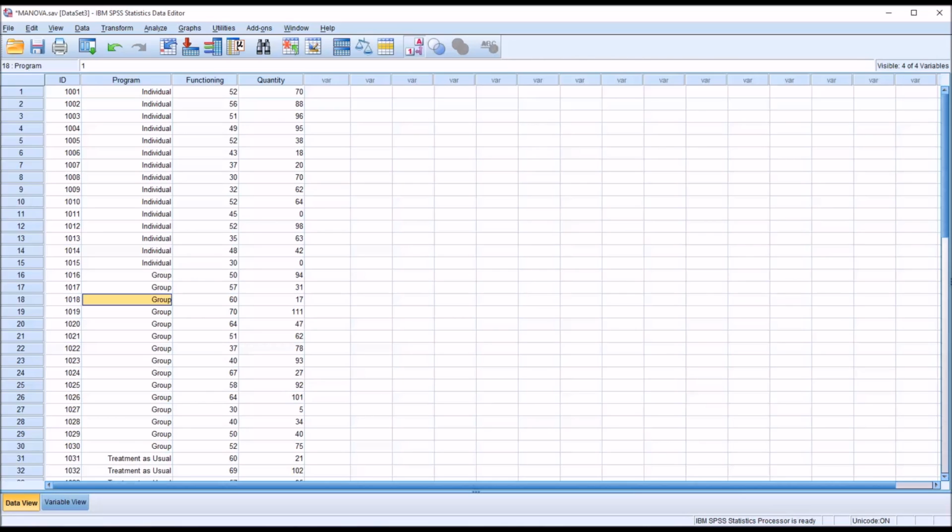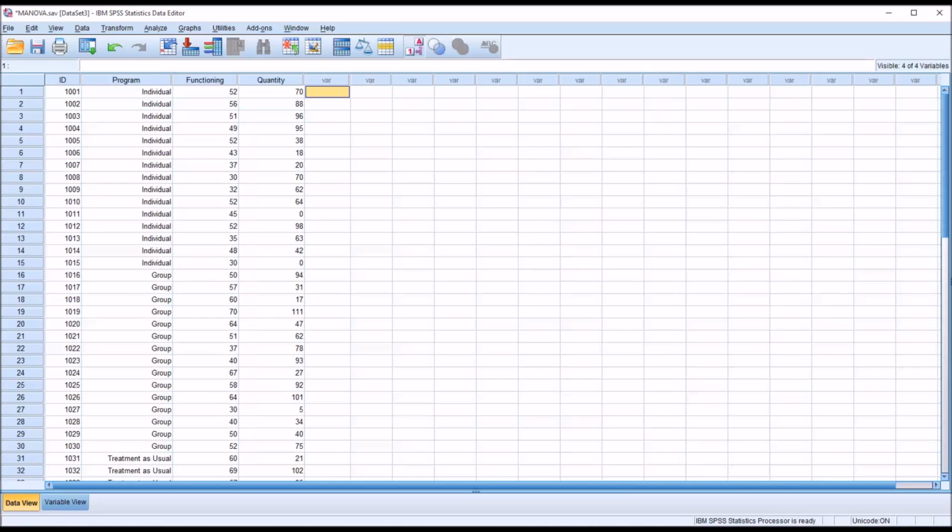Another opinion is that the quantity for any one level of the independent variable needs to be greater than the number of levels of the independent variable multiplied by the number of dependent variables. So if we have 3 levels of this independent variable and 2 dependent variables, that would be 6. If we're looking at it that way, we do meet the assumption of sufficient sample size by level of the independent variable.